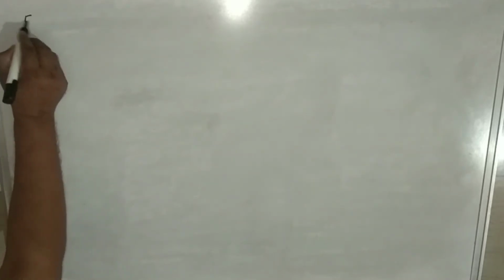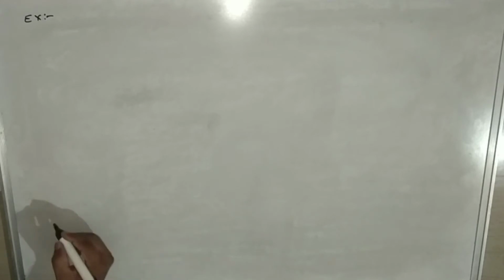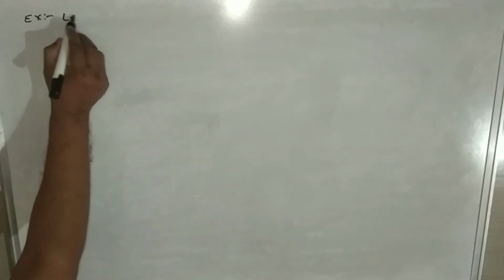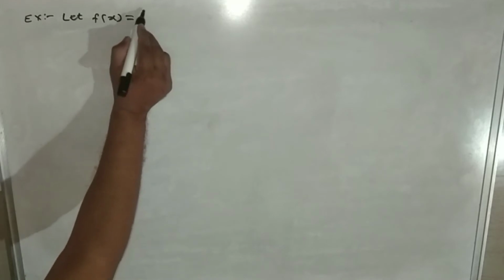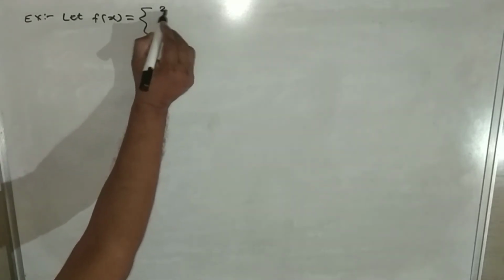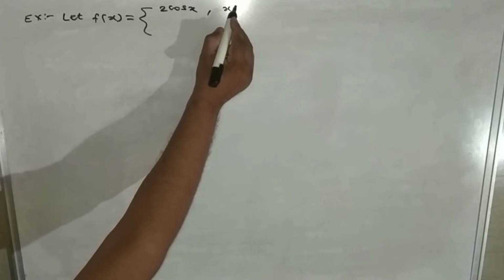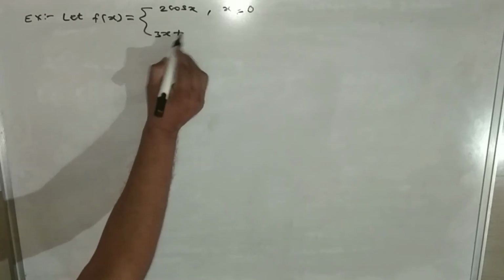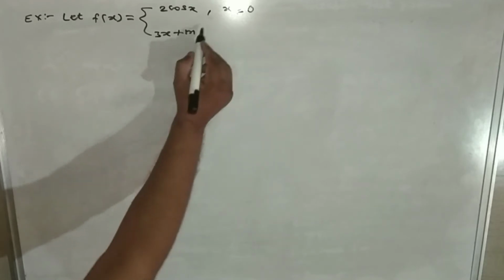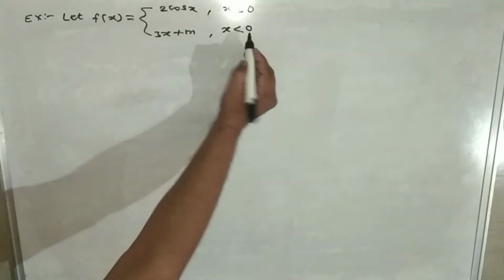Another example is: let f of x be equal to 2 cos x where x is greater than or equal to 0, and f of x is equal to 3x plus m where x is strictly less than 0.